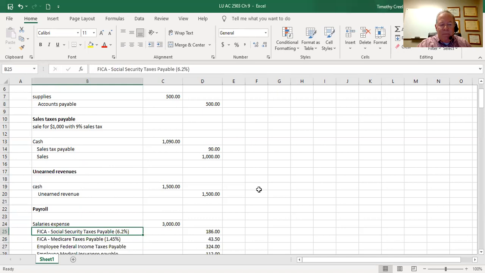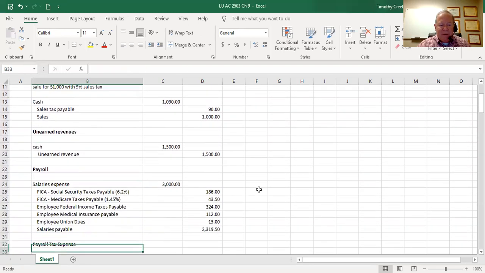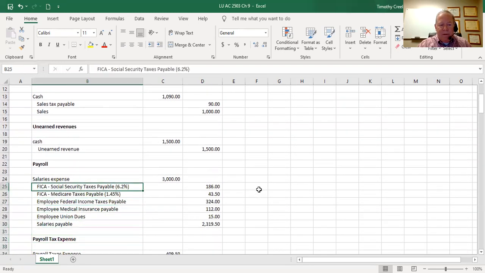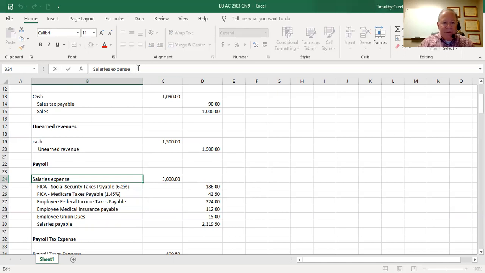Okay, now a big area here is going to be related to payroll. And payroll would be whenever a company pays their employees. This is kind of an example right here of what a company might see when it comes to payroll. Now, there's a debit to salaries expense. And this is basically the gross pay.